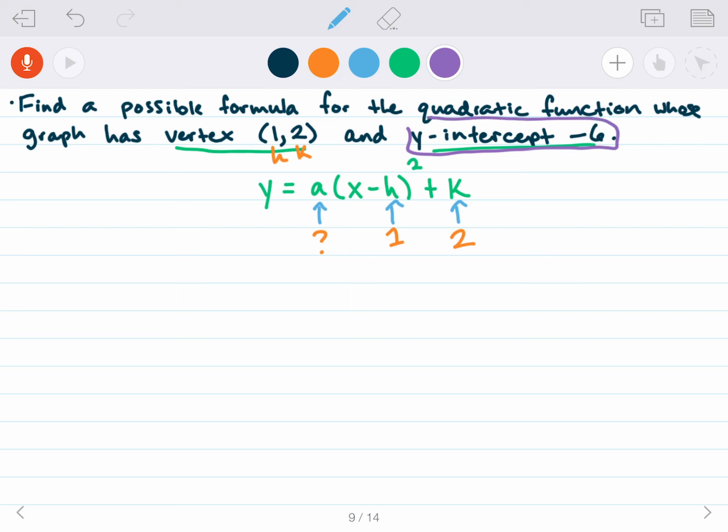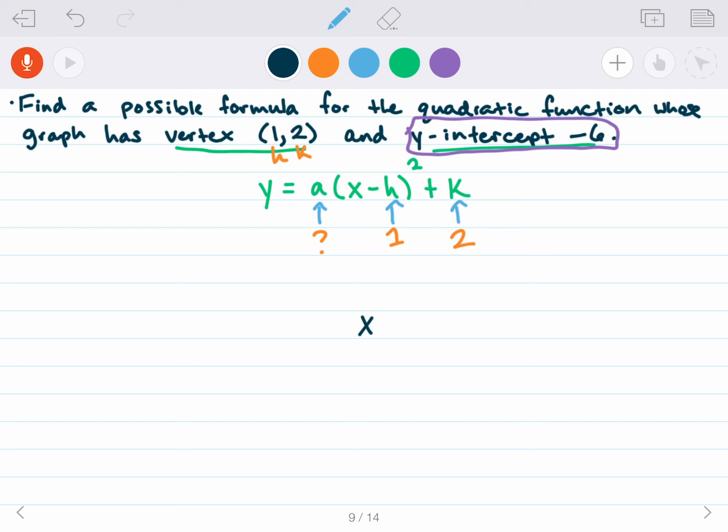So it says the y-intercept is negative 6. And this is kind of like what we did with linear functions when I gave you a point and a slope and I asked you to find b. This is the same kind of principle here. So the idea is to use a point that we know is on the graph.